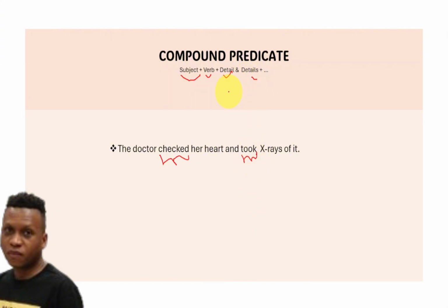Now when you take a look, the heart right here and the X-ray right here. So 1, 2. Here also we have 1, 2, because we got two verbs. Okay, but the subject, we have the subject too, right? So don't get confused. In this case, I'm talking about the compound predicates, not the subject, not the verb.